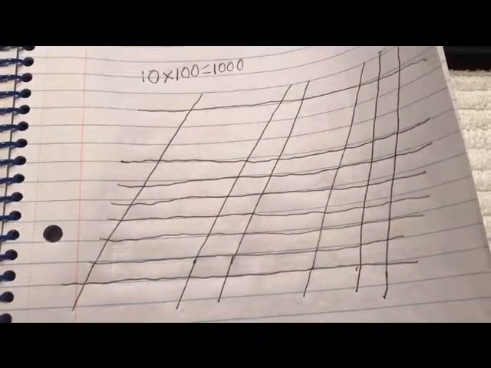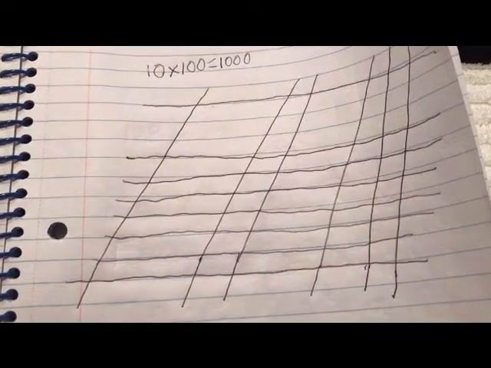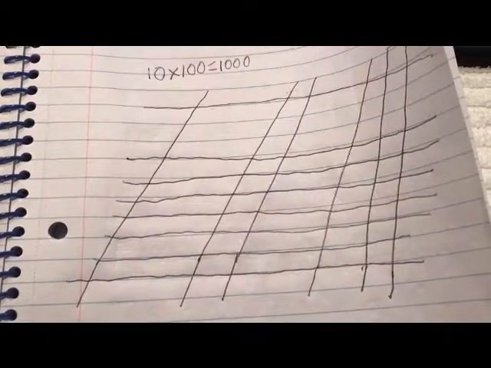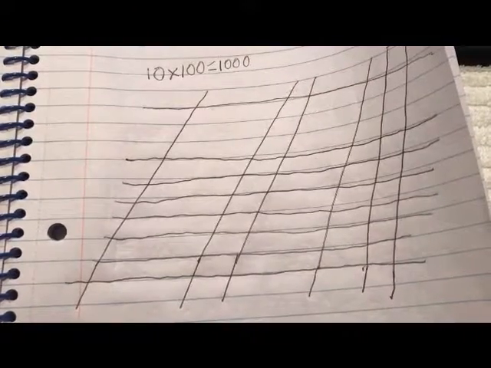So this is how you start, and I'm going to tell you what these lines represent. Every time a line crosses, it is a multiplication. The crossing in the upper left is a tens line crossing with a hundreds line.